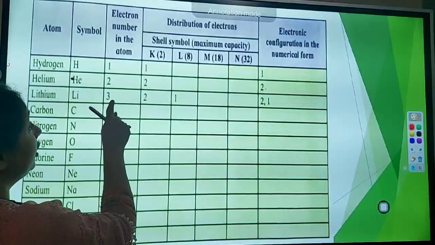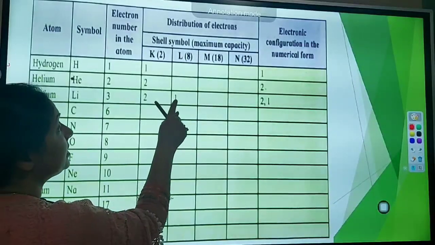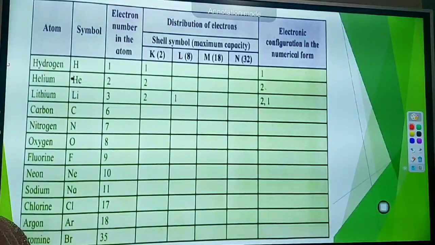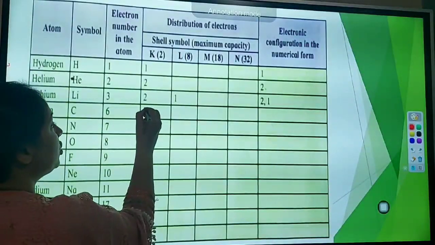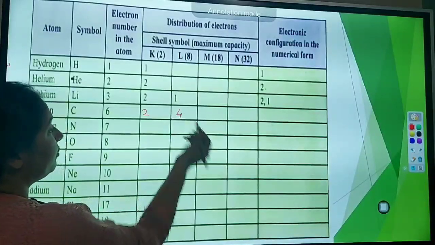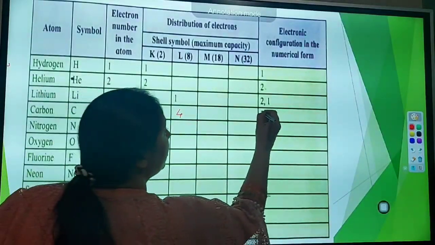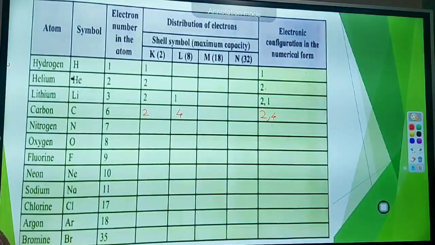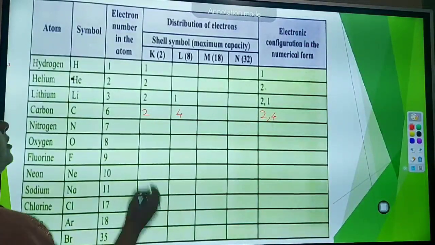Lithium is 3, so 2 will go in the first shell, and 1 in the second shell. That's how electronic configuration works. Carbon, there are 6. First shell 2, 2 out of 6 gone, next one 4. So what's the electronic configuration? 2 and 4. Nitrogen 7.